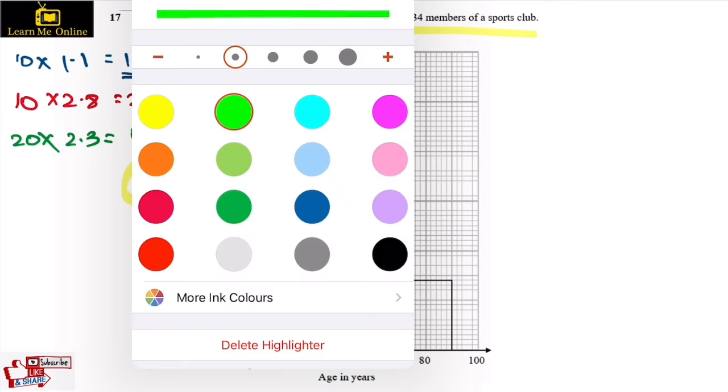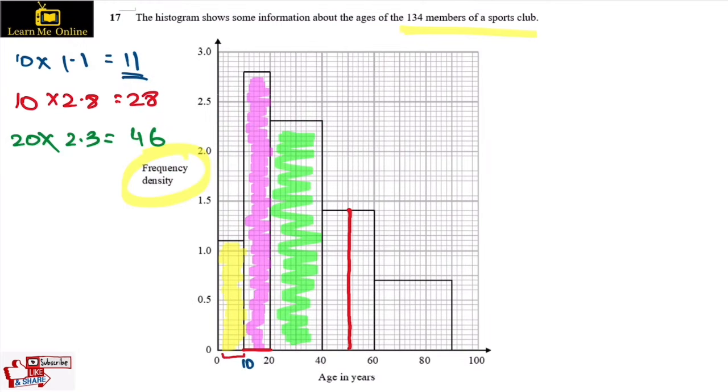For the next bar, the difference is 20, so we write down 20, and the height is going to be 1.4. When we do 20 times 1.4, we get the number of people it represents, which is 28.